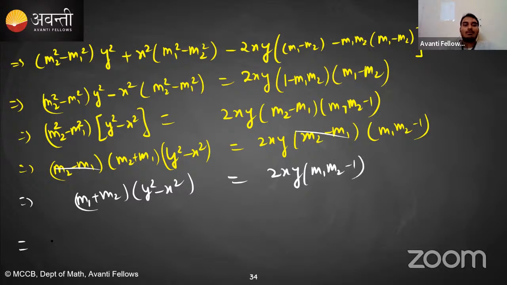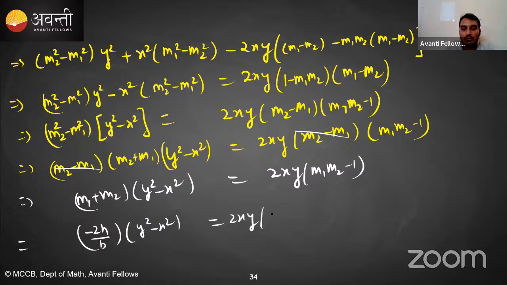So now simply tell me what is m1 plus m2? Minus 2h upon b. (y square minus x square) upon 2xy. What is m1 m2? a by b minus 1. Clear? So take the LCM a little. What you will get?